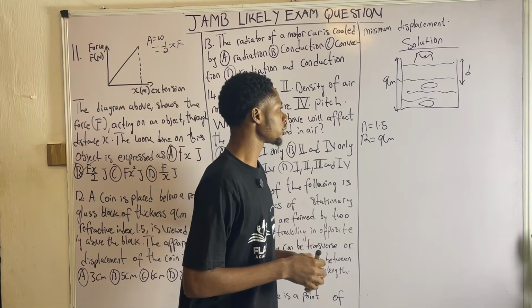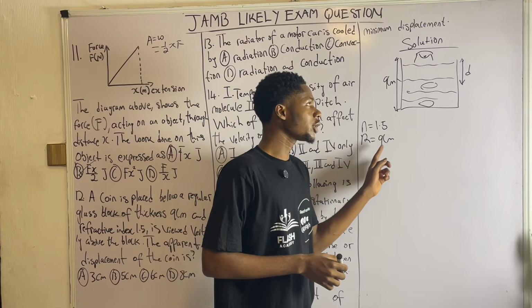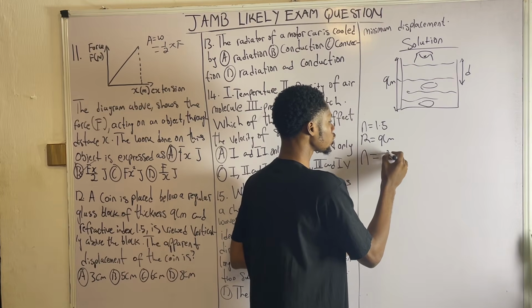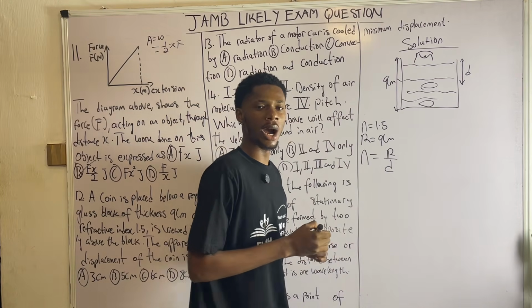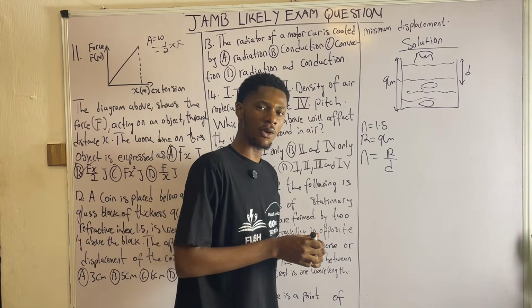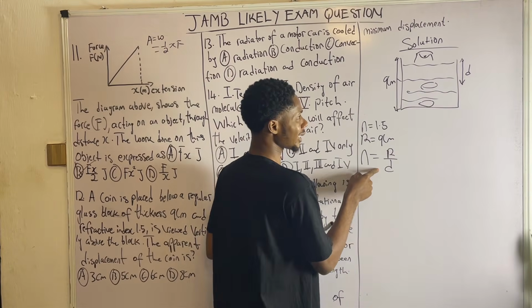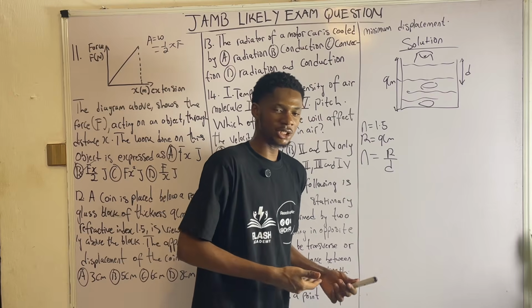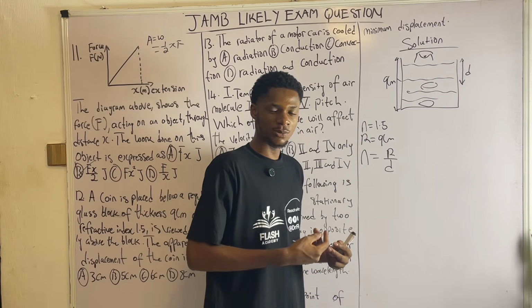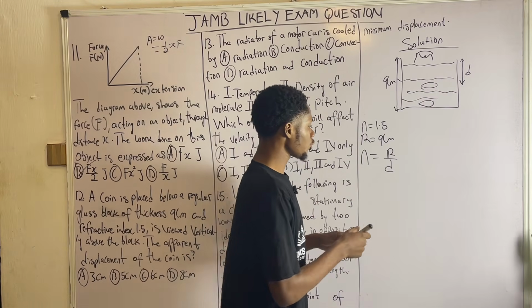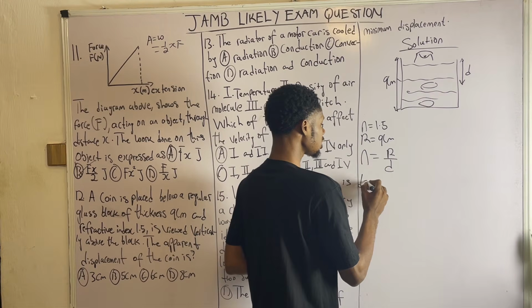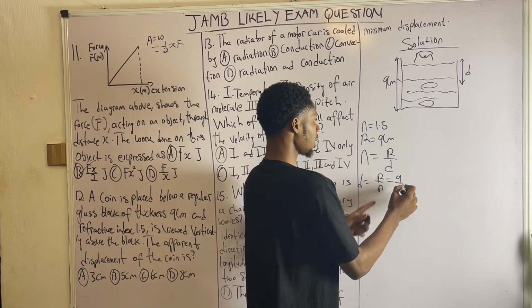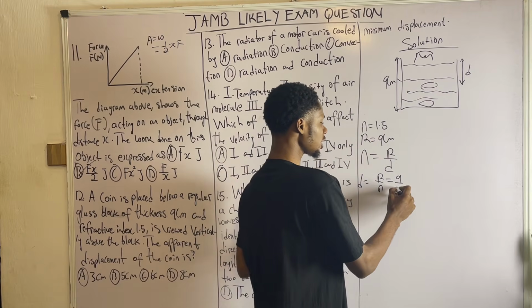Now, there's a formula that connects refractive index, real depth, and apparent depth. Take note. That formula is: refractive index is equal to real depth divided by the apparent depth. Now, from here, we can calculate the apparent depth, right? That is the imaginary distance that we see between our eyesight and the coin. So from here, we're going to have D is equal to R over N. Now, real depth is 9 and refractive index is 1.5.